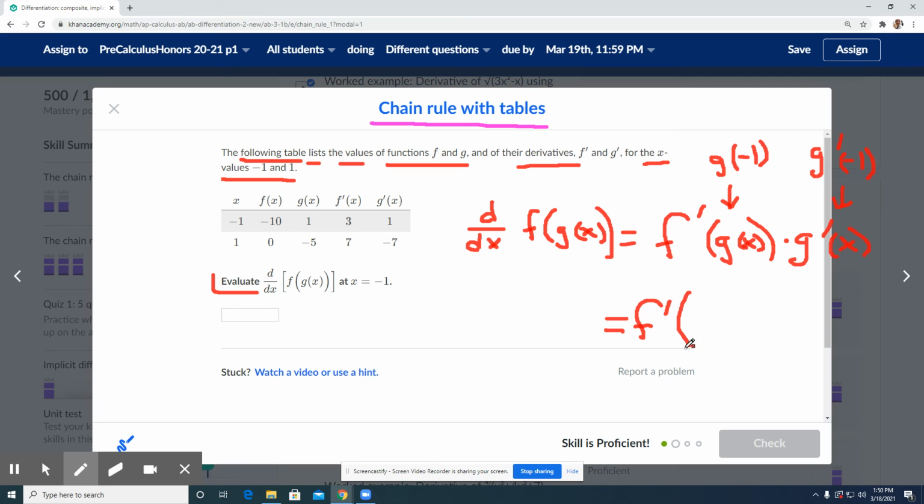I need to calculate what's on the inside first. g of -1 is 1, times g prime of -1, g prime of -1 is 1, equals f prime of positive 1. f prime of 1 is 7, and then that is the same one that gets dropped straight down. Answer, 7.